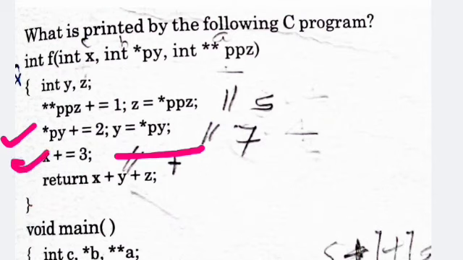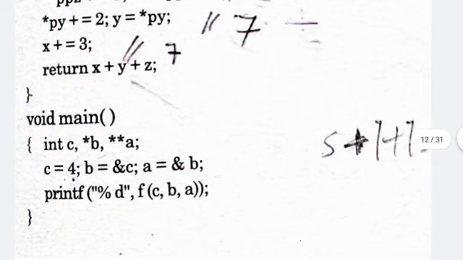Here x equal to x plus 3 and return the value of x plus y plus z. Now come to the main function. So the main function is given like this: c equal to 4, b equal to address of c, and a equal to address of b, and then print the function f of c, b, a.